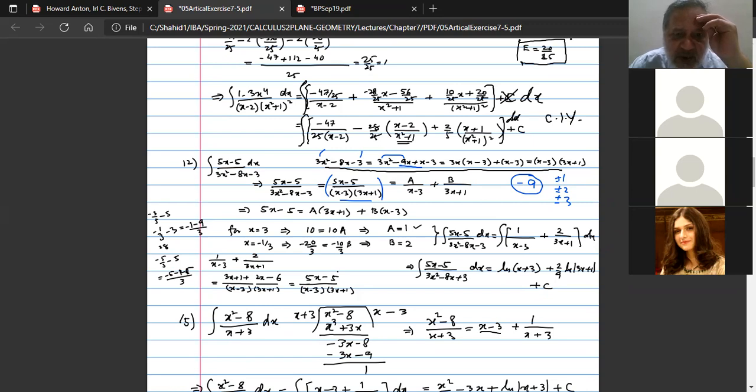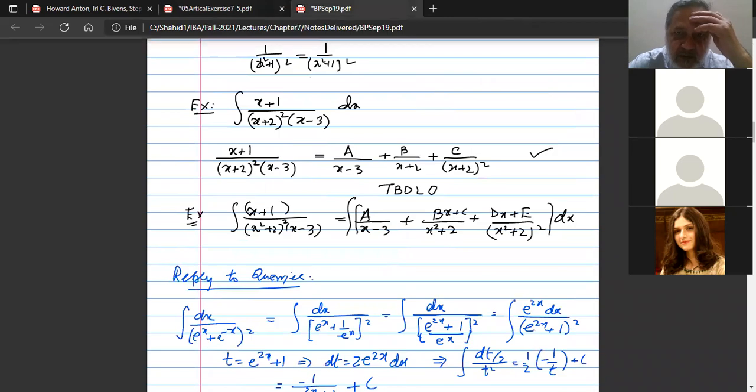Putting x is equal to 3, the value of a comes out. Putting x is equal to -1/3, this becomes 0, so value of b comes out. So this question of integration turns into this question of integration, in which this integral is directly log x + 3, but 3x + 1, so take 3 common, or some other way.